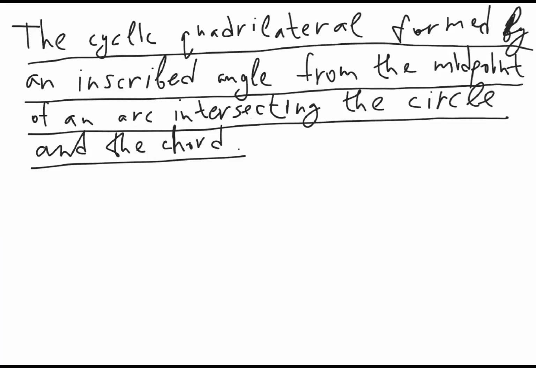Okay, in this video I'm going to talk about the cyclic quadrilateral formed by an inscribed angle from the midpoint of an arc intersecting the circle and the chord. So basically, we have a circle and we have an inscribed angle from a midpoint of an arc.